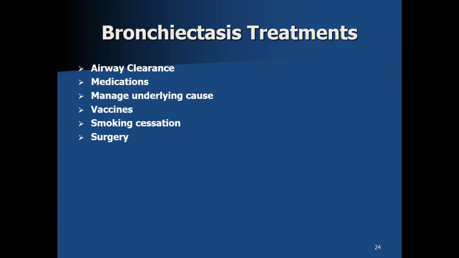CPT and postural drainage. You can use positive expiratory pressure devices like an Acapella, Flutter, or Aerobika, and high-frequency chest wall oscillation vest therapies that loosen secretions. Active cycle of breathing techniques combine breathing control, deep breathing, and huff coughing, and hypertonic saline hydrates mucus and improves clearance.